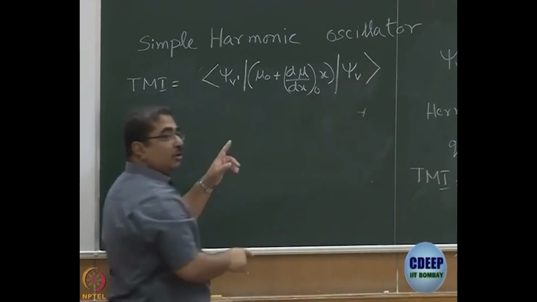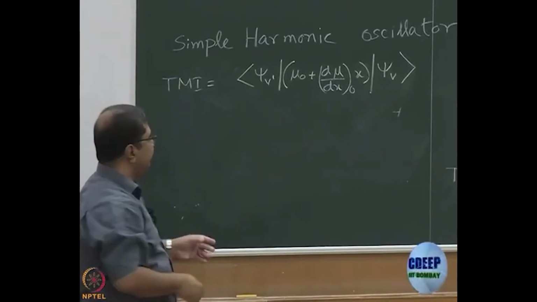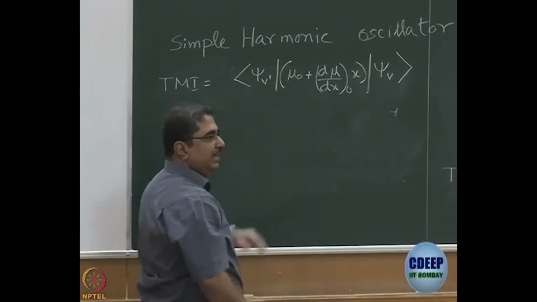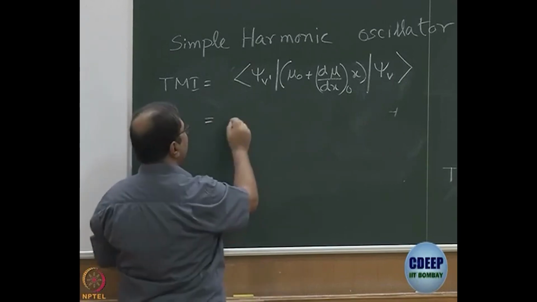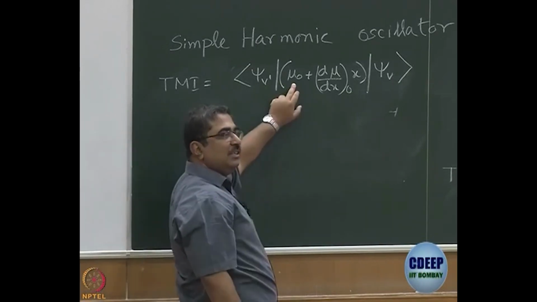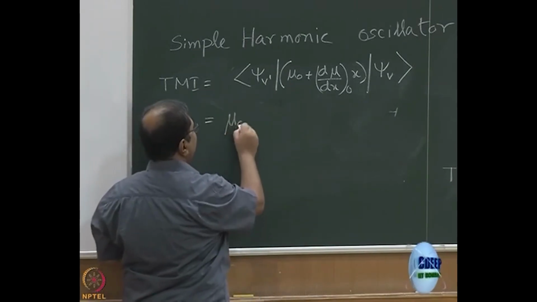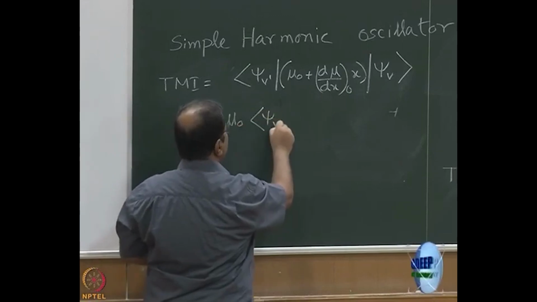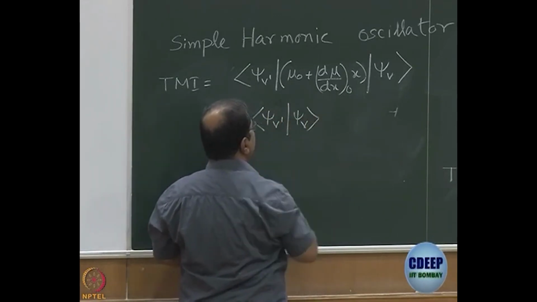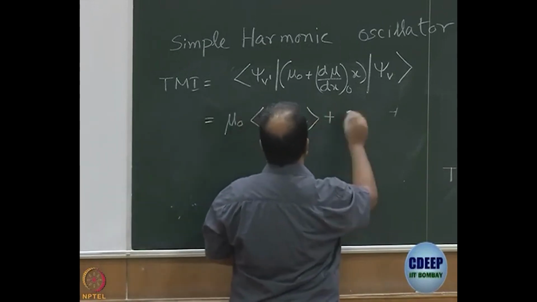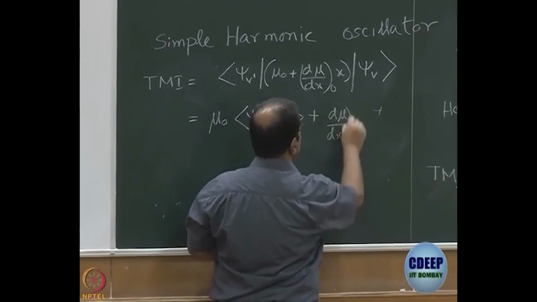So, what kind of transition are we talking about? V to V dash. V is the origin, V dash is destination. Okay. So, right away I can write it as a sum of two integrals, can't I? The first one will be mu 0, which is a constant, so it comes out. I get mu 0 multiplied by the integral of psi v dash psi v over all space, plus d mu dx 0.